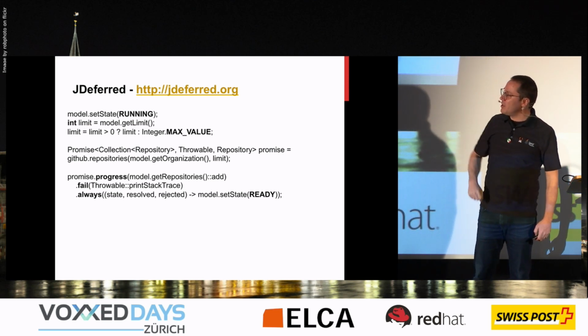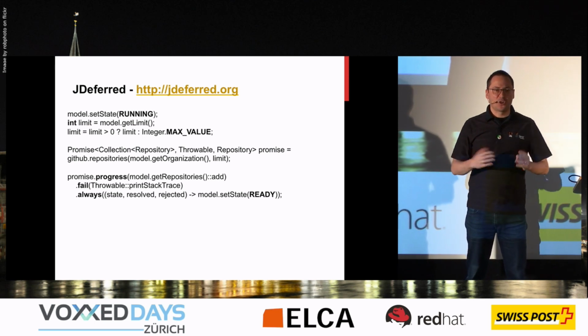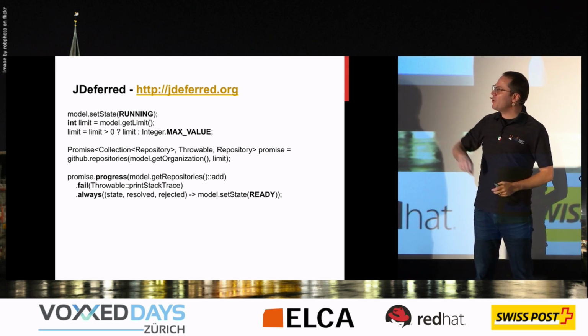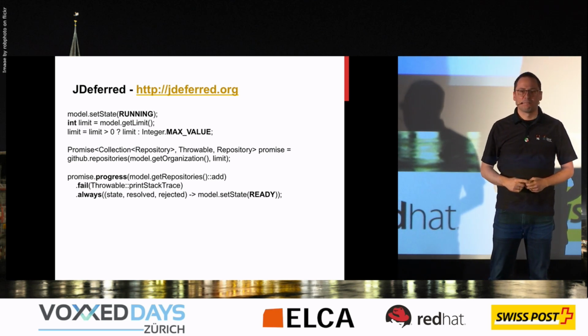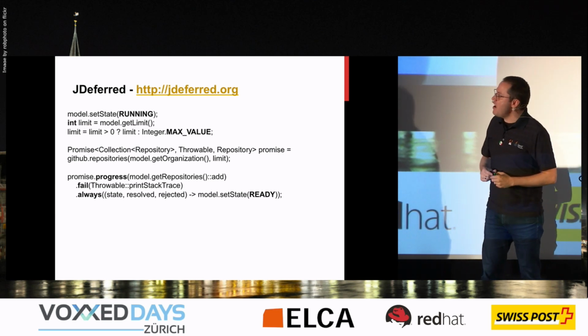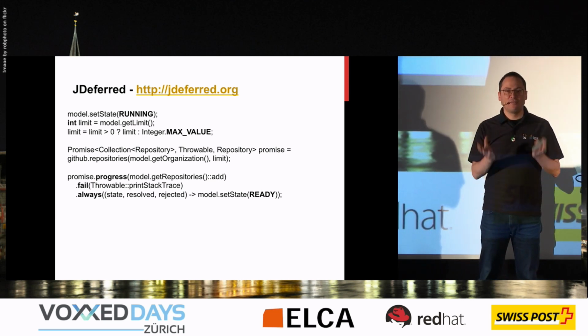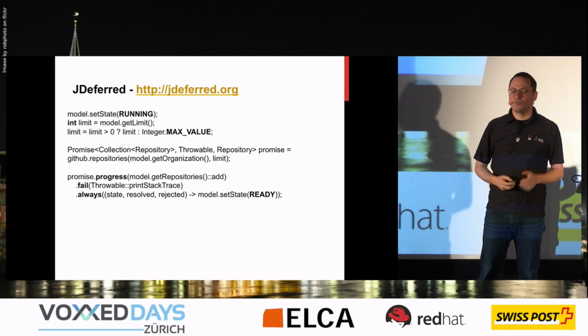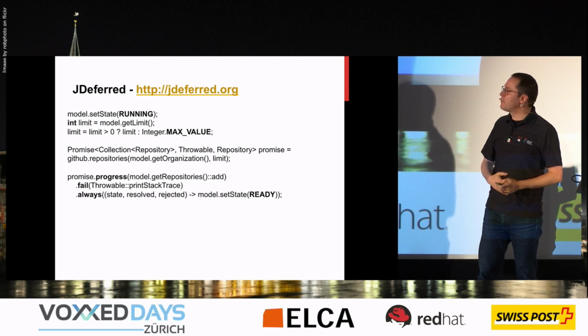And notice what we do with the promise. The progress callback says, whenever a repository comes in, I'm going to invoke that method. That is a method reference. Okay, so I'm going to add that thing to a list. Good. If by any chance the whole thing fails, then I'm going to handle that using another method reference. Simply print out to the system error.